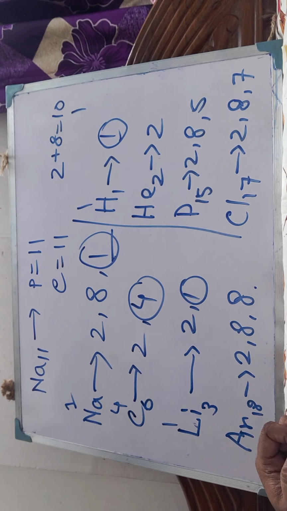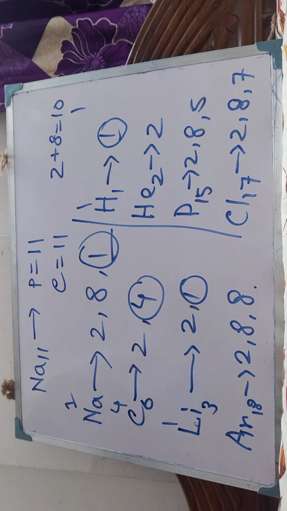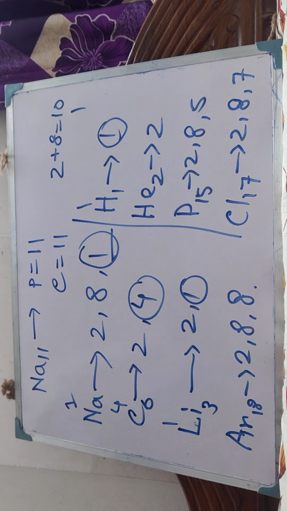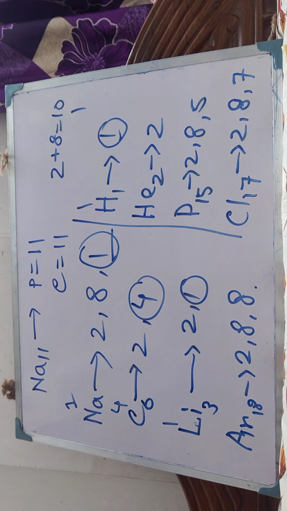See, there are two elements which have 5 and 7 electrons at their outermost shells, phosphorus and chlorine. I told you that if 1, 2, 3 and 4 electrons are there at the outermost shell, then their valencies will be 1, 2, 3 or 4 respectively. But what about 5, 6, 7 and 8? If an element has 5, 6, 7 or 8 electrons at its outermost shell, we are going to subtract that value from 8.